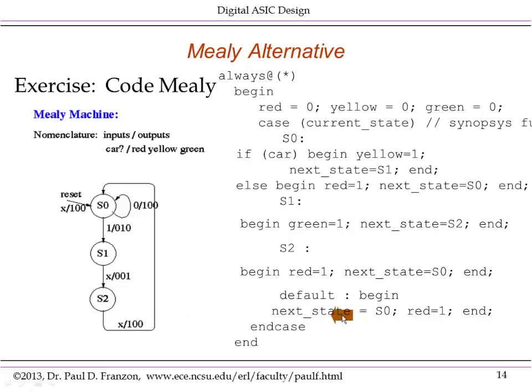Similarly, on the default, next state is S0 and go to red. So this is the Mealy machine alternative. Again, what we've done is put the inputs inside the if-else statements, if there are branch decisions, or brought the inputs one clock cycle ahead because they're associated with the branches. Again, I suggest you use this as a template if you're coding a Mealy machine.